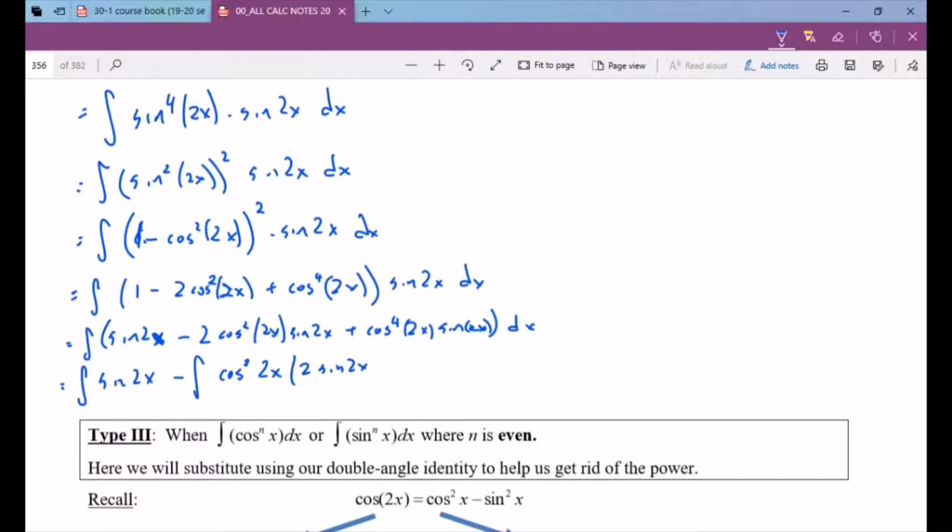Just going to move that 2 over here. You'll see why in a moment. dx. And then this is plus the integral of cos to the 4 2x sine 2x dx.